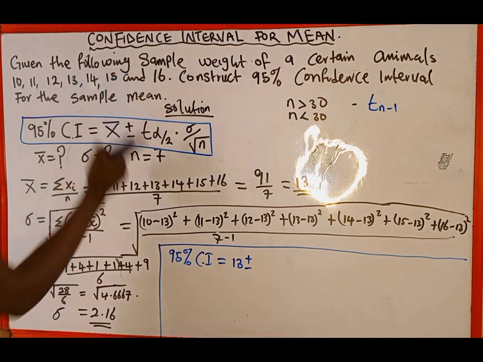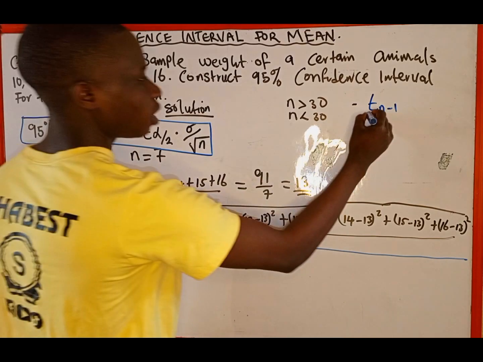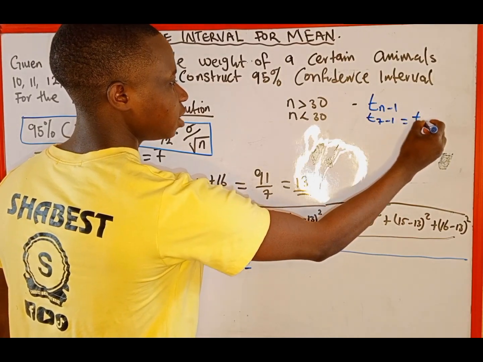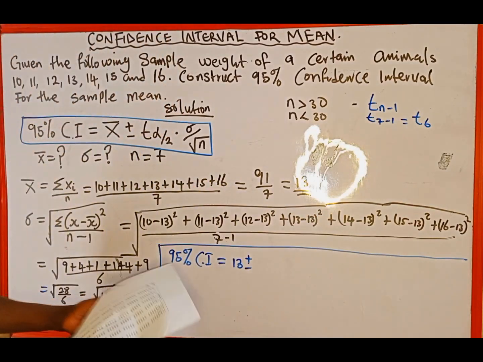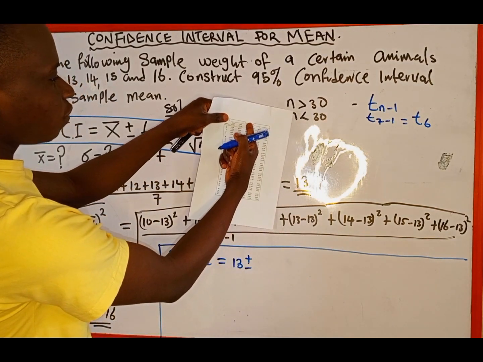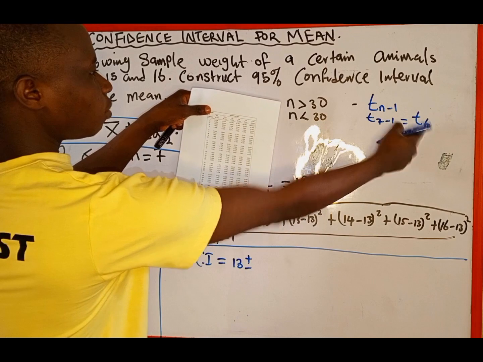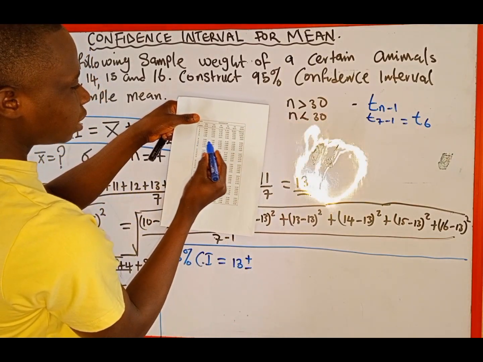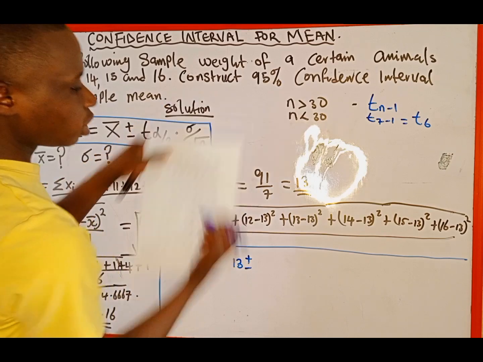This is the number of samples. We have 7 samples. So we are going to have T 7 minus 1, which is the same as T subtract 6. So in the table, this is the T distribution table, 95% confidence interval under 6, because we take away 1 from n. So we're going to have under 6 is 2.447.